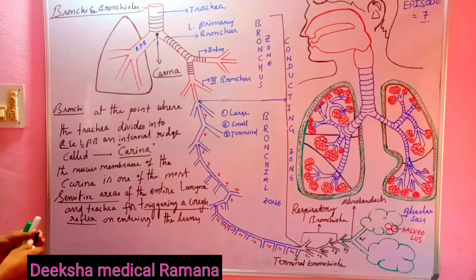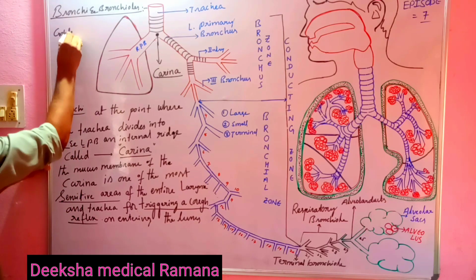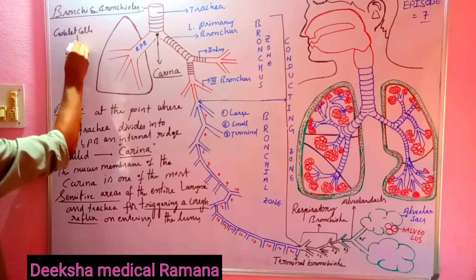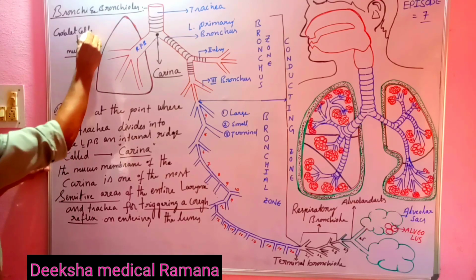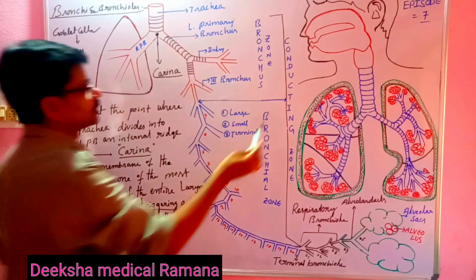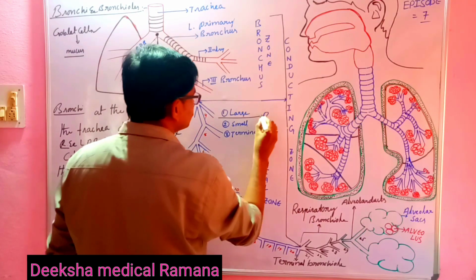And one more very important thing I want to explain here regarding goblet cells. Goblet cells secrete mucus. They are present from the nasal cavity up to the large bronchioles.